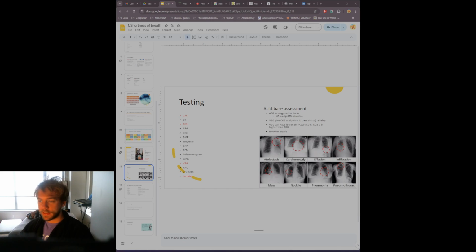So testing, this is going back somewhat to triage, but back a little bit to other approaches and how you go about doing things. So you have the chest X-ray, EKG, VBG, and lactate. These are things I mentioned that pretty much always are right. You can hardly argue it's not right to get. Other specific testing in certain scenarios: if this is inpatient acute, CAT scan, you can't really do that acutely.